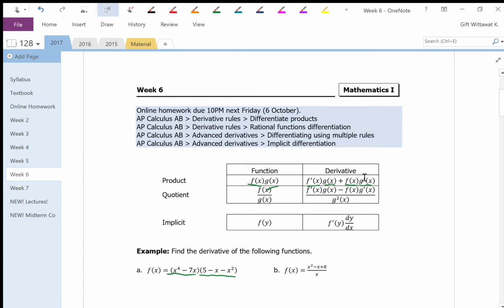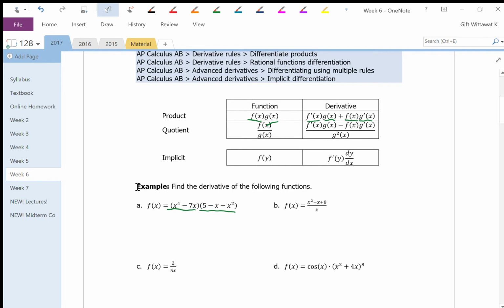So it's almost as if you still have the product, but the f and the g take turns being the derivative, and you add the two terms together. In Thai, people would say it's "na dip lang dip na," something like that.